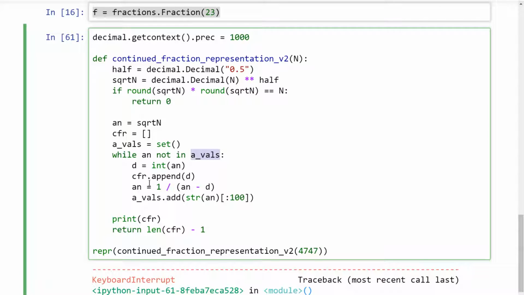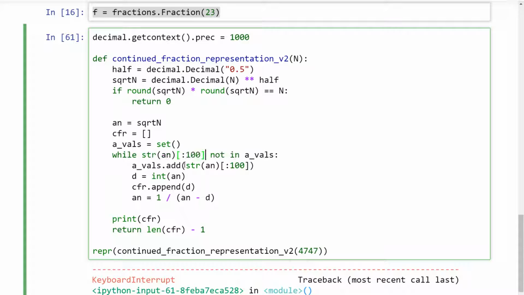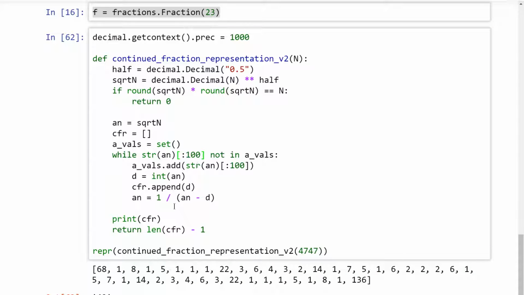Wrong. So I don't compare AN, I need to compare this thing. So the first thing we do is put this in here. And the second thing we do is compare this. Okay.